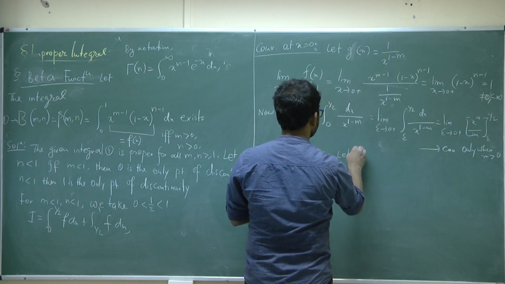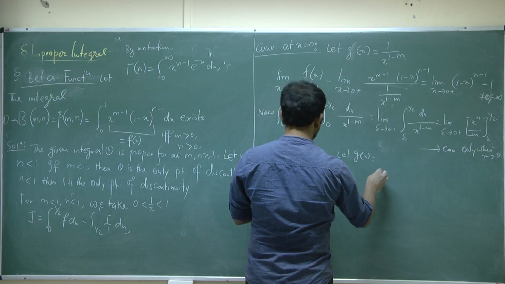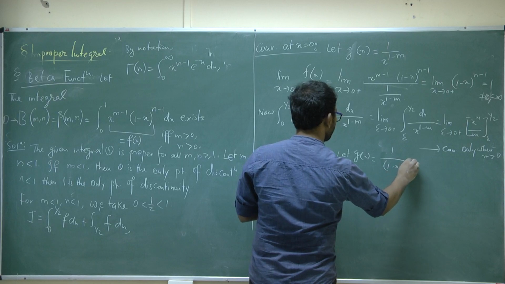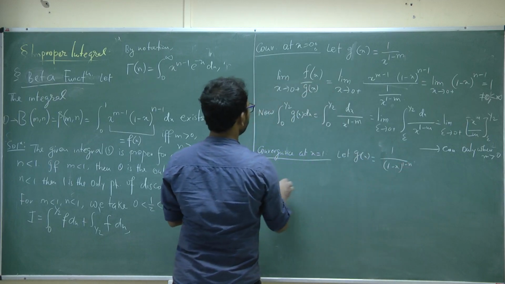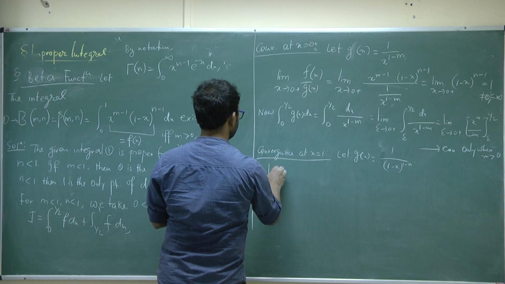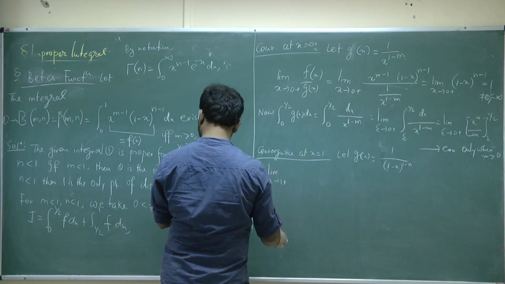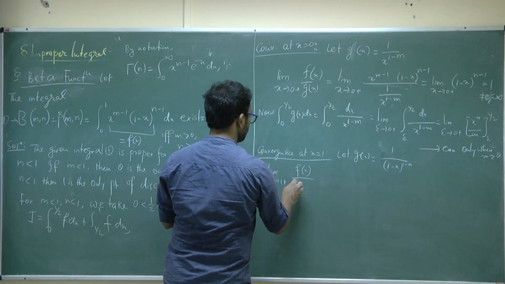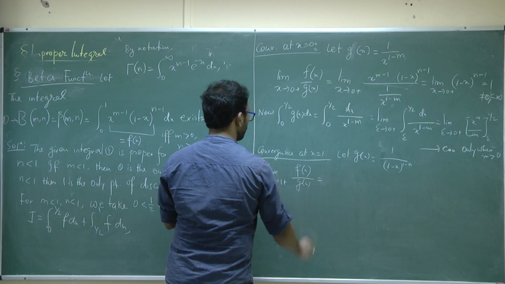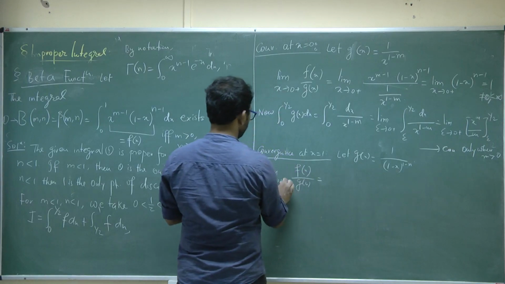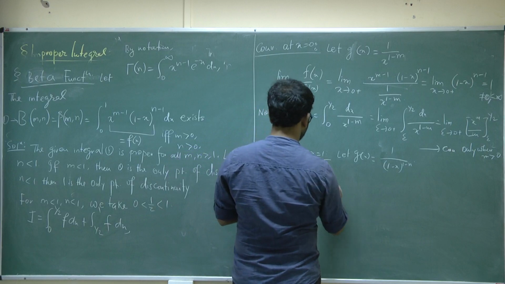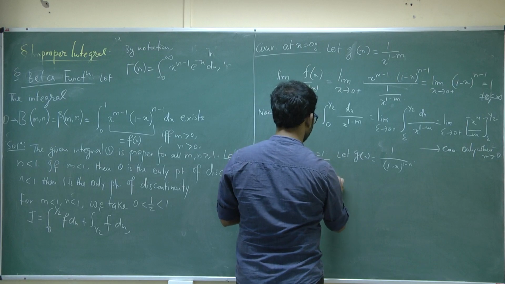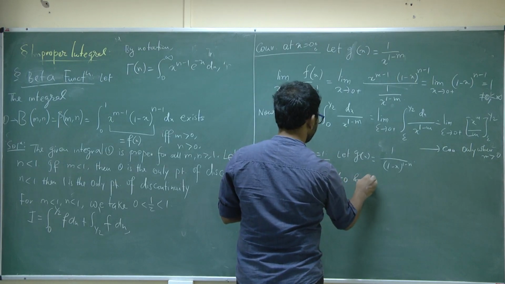So, let g(x) be 1 by (1 minus x) to the power 1 minus n, and proceeding in the same way, we will find that limit x tending towards 1 negative, f(x) by g(x), ultimately, the value will be 1, which is not equal to 0, and it will be finite.